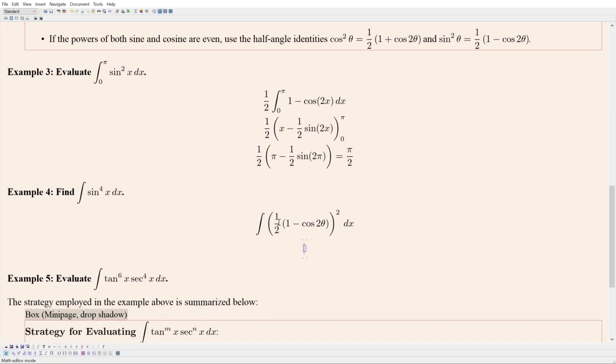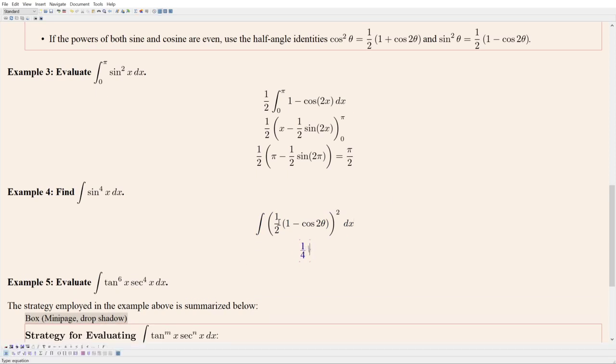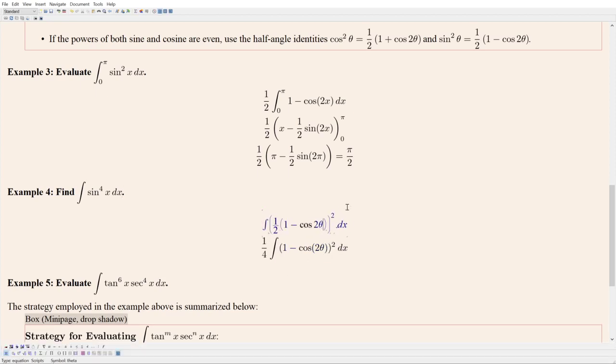So let's see, 1/2 squared is 1/4, so let that just hang out. Oh, whoops, this should be an x, not a theta.